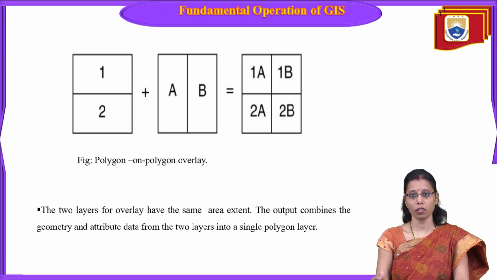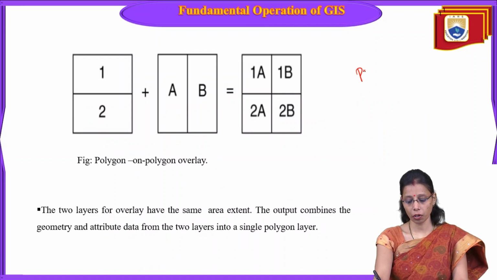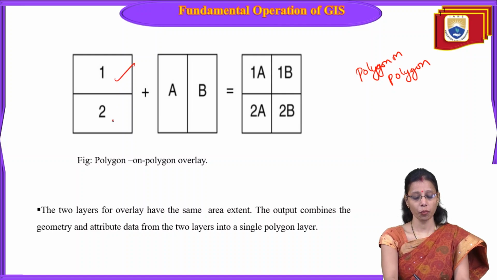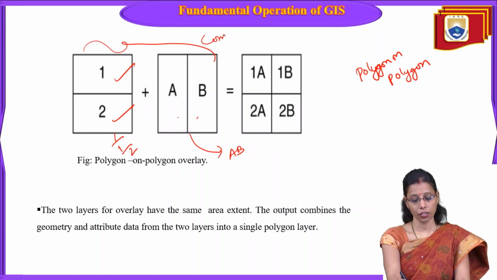Now polygon on polygon. Now you have a single polygon here. So how does it happen? We have two polygons here, polygon 1 and polygon 2, plus A and B. The second polygon is A, B and the first polygon is 1, 2. So if you combine these two, what is the output?